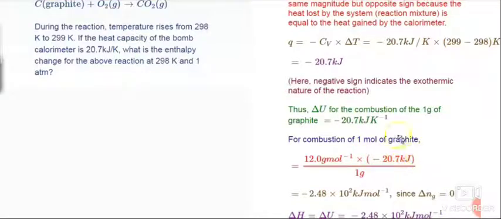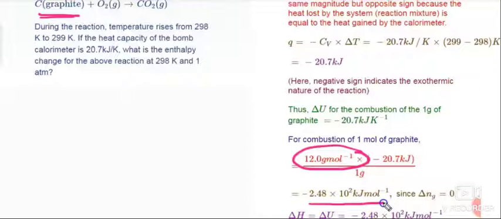Now for combustion of 1 mole of graphite, graphite is a form of carbon, so 1 mole of graphite is 12.0 gram per mole. So for 12 gram per mole, multiplying the heat per gram, we get minus 2.48 into 10 to the power 2 kilojoule per mole.